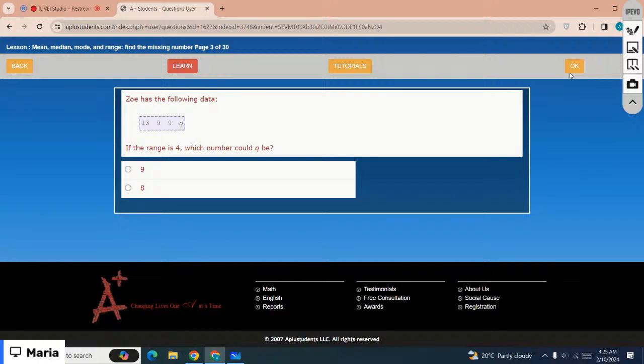That means Q must be 9 because you are given the range is 4, right? That means the difference between the least and greatest number is 4. So 13 minus 9 is 4, right? If you add Q as 8, then 13 minus 8 is not 4, right? So the missing number is 9. The correct option is 9.